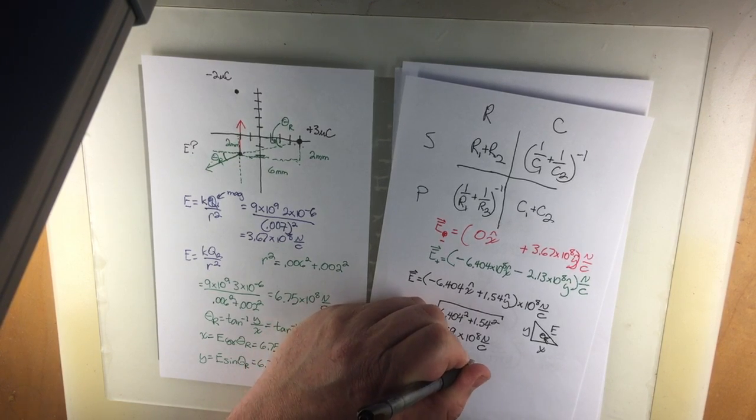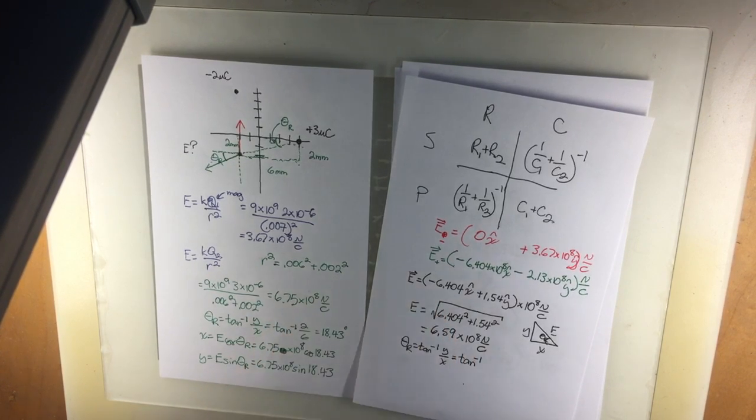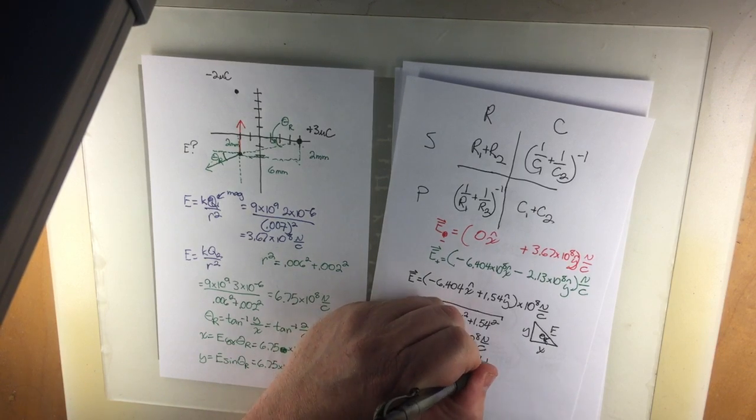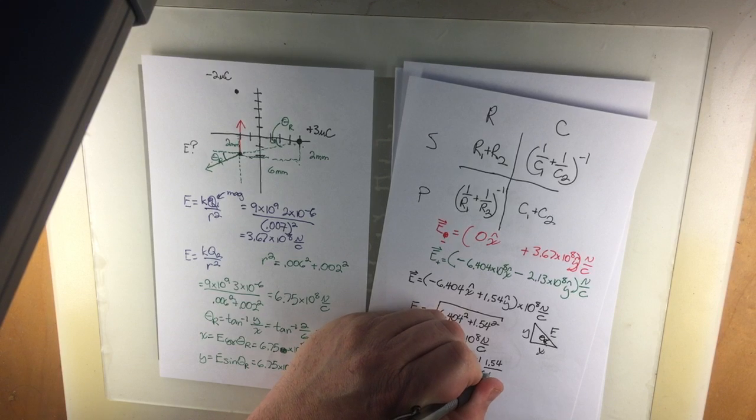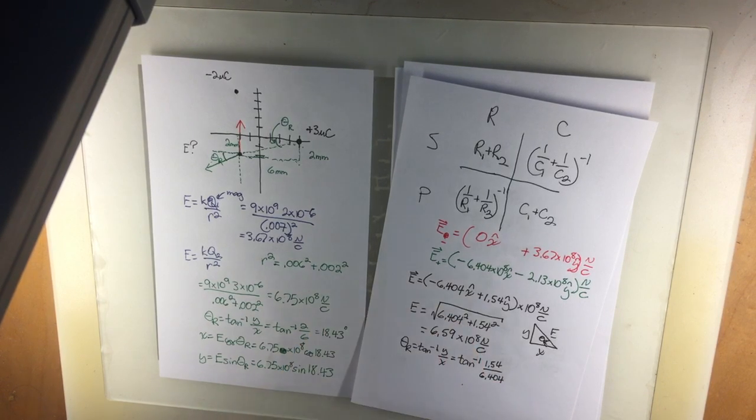So inverse tan of y, 1.54 divided by 6.404. They both end in 10 to the 8th. It's unnecessary to write it because they just cancel. And you get this.